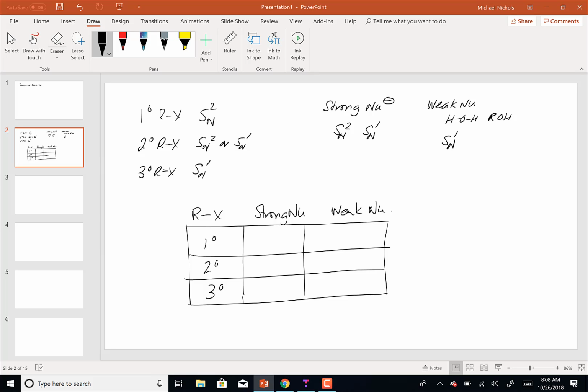Primary with a strong nucleophile is going to undergo SN2. Now, how about a weak nucleophile? Well, since the weak nucleophile can only react with something that forms a carbocation, we're going to get no reaction for a weak nucleophile.